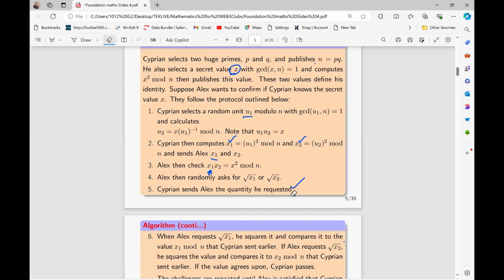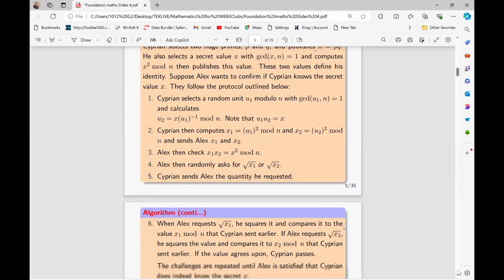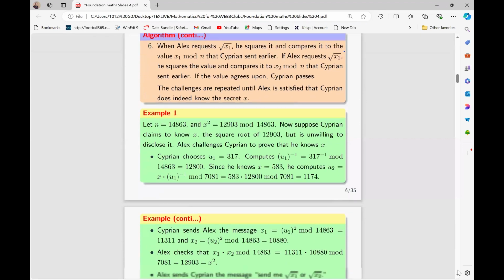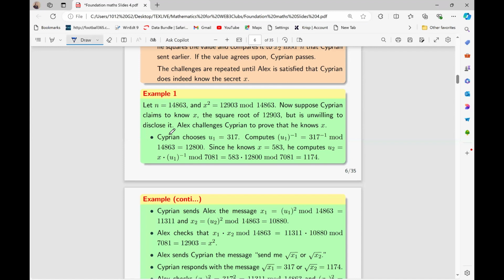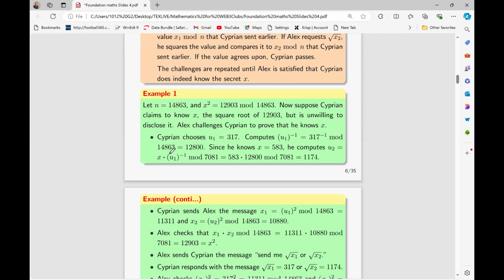So let me show an example. Now, just an example here. Let n be this number and x squared be that.